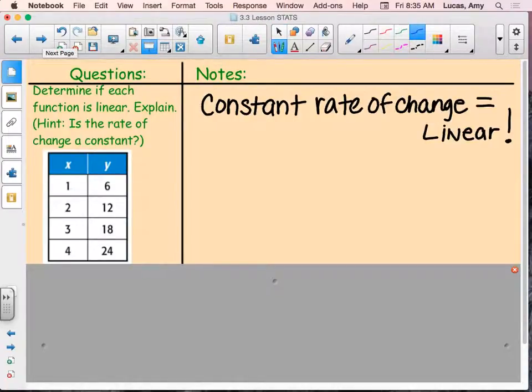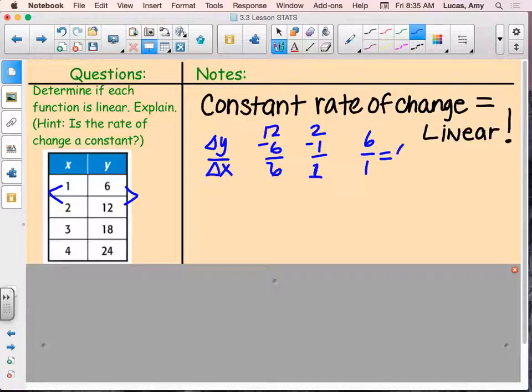So if I find this rate of change, so change in Y divided by change in X, now remember I have to do each interval. So 12 minus 6 is 6, 2 minus 1 is 1, so 6 divided by 1 is 6. That's my first interval. I'm going to switch colors for you. Next one, 18 minus 12 is 6. 3 minus 2 is 1. 6 divided by 1 is 6.